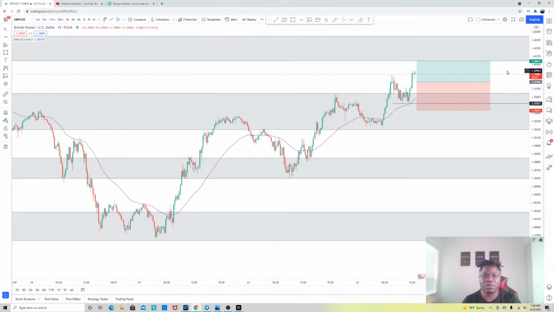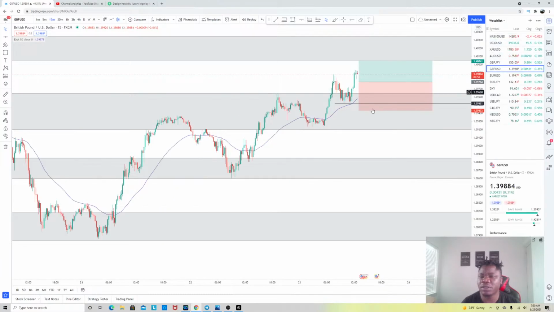So if you took this trade, you can go ahead and get out of the trade if you want to for 10 pips, or you can just take partial profit and let the trade keep running and just move your stop. You can actually move your stop loss to this zone right here, 1.39652.